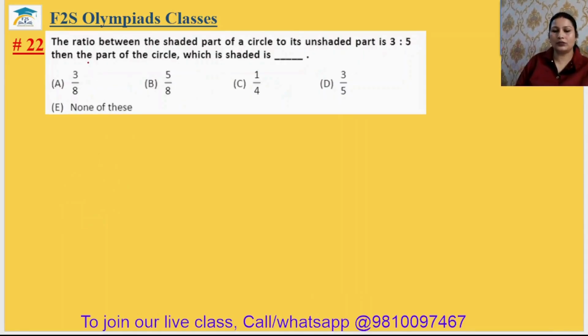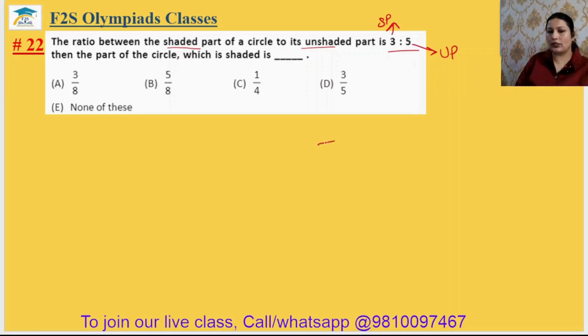Come to question number 22. The ratio between the shaded part of a circle to its unshaded part is 3 by 5. Okay? It means the circle is divided into 8 parts, and 3 is shaded and 5 is unshaded. Then the part of the circle which is shaded is actually the ratio between shaded part and unshaded part. 3 is the shaded part and 5 is the unshaded part.